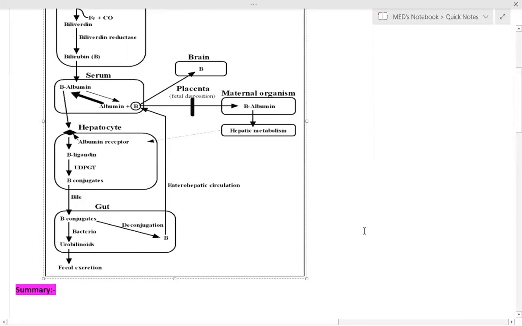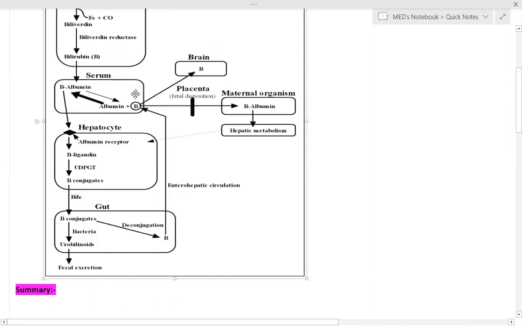In most cases, the unconjugated bilirubin, before getting conjugated, can return back to the circulation and can enter the brain, and there it causes kernicterus. There is a pathology named kernicterus. Please note.